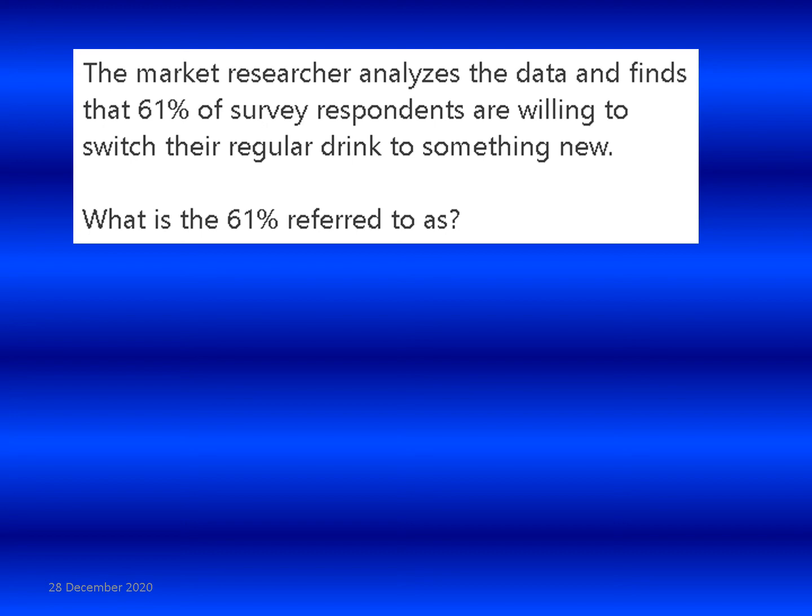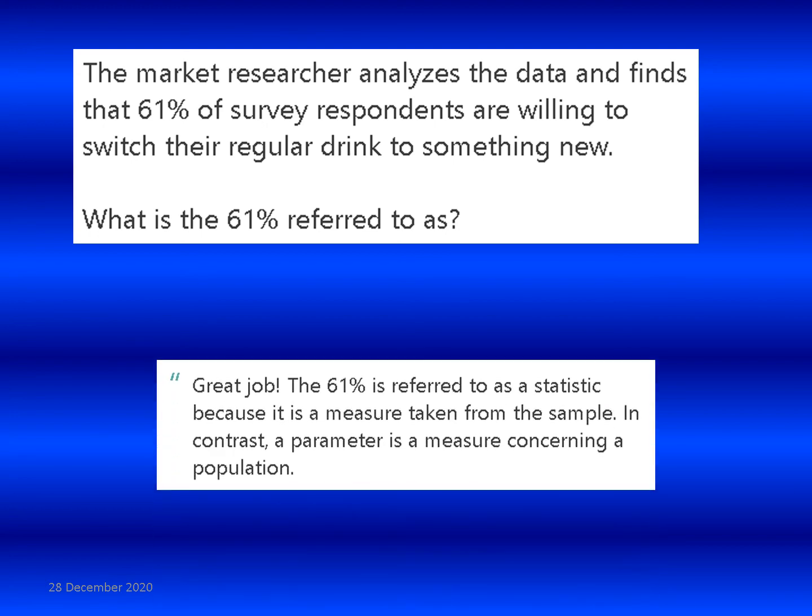That is the finding she obtained from the survey respondents, or sample. So it will be a statistic. 61% is referred to as a statistic because it is a measure taken from the sample. In contrast, a parameter is the measure concerning a population. Thank you.